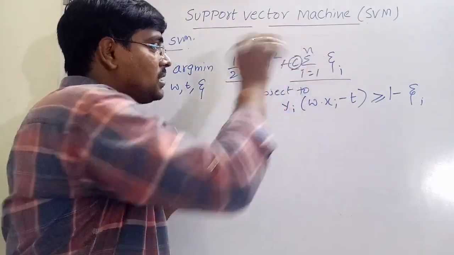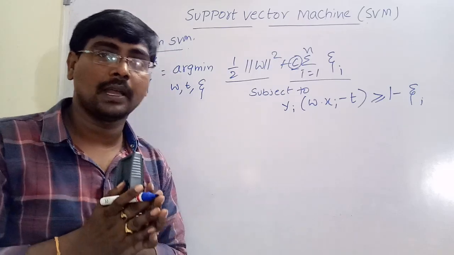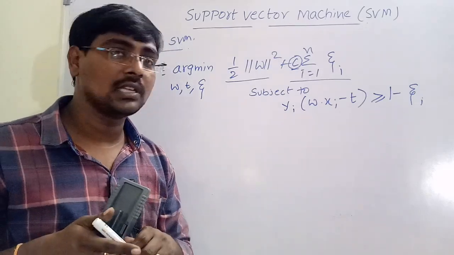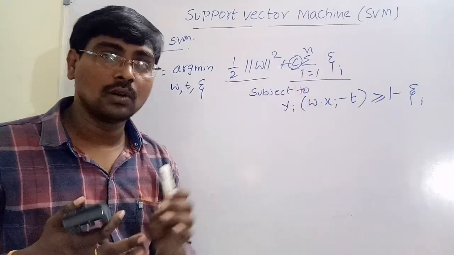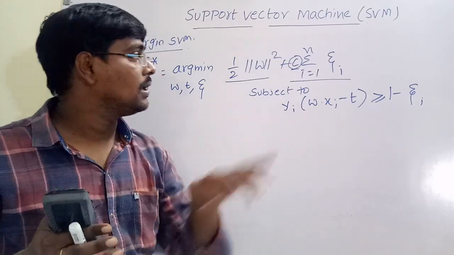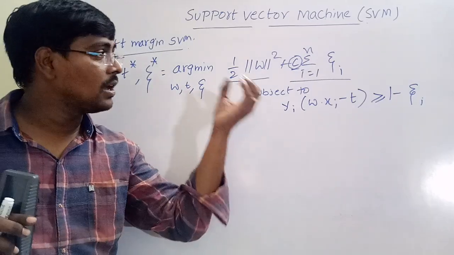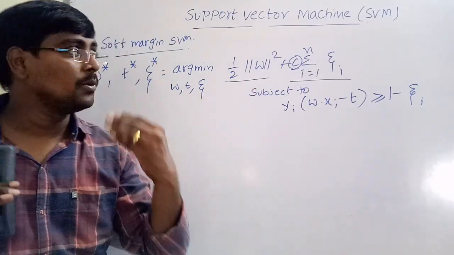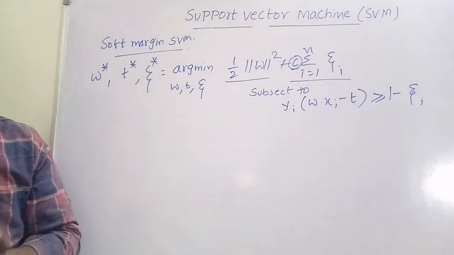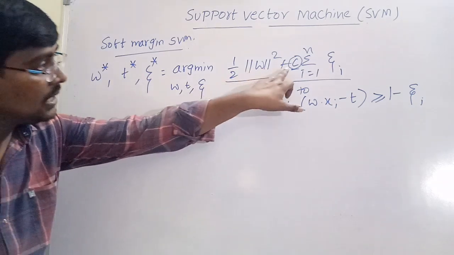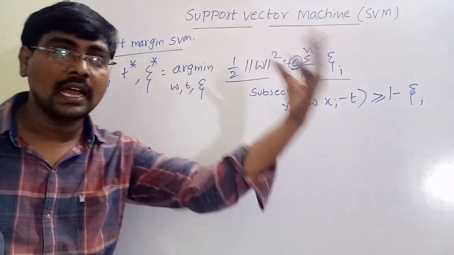Here C is a user defined parameter, also called the complexity parameter. The value of C is either high or low. If the value of C is high, for every margin error there is a high penalty.